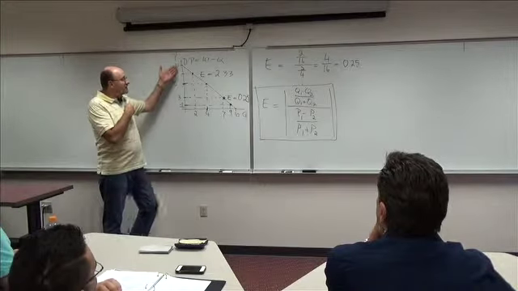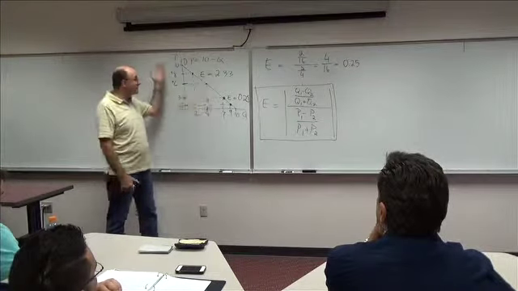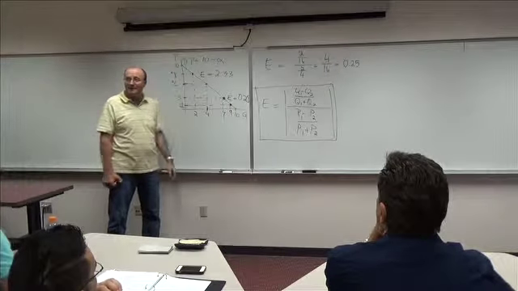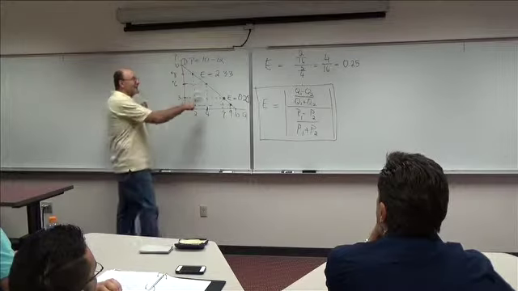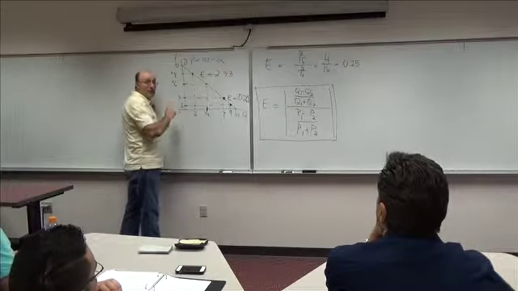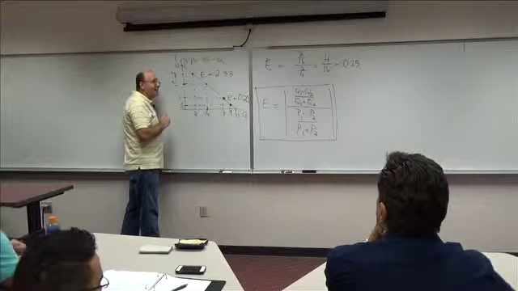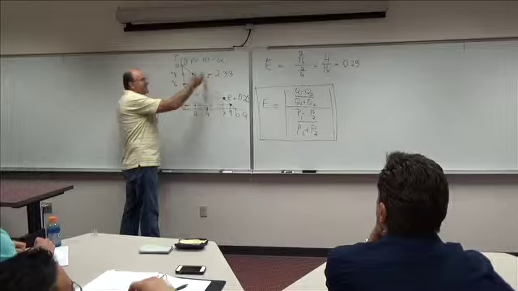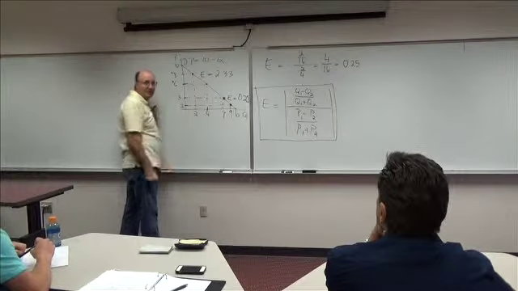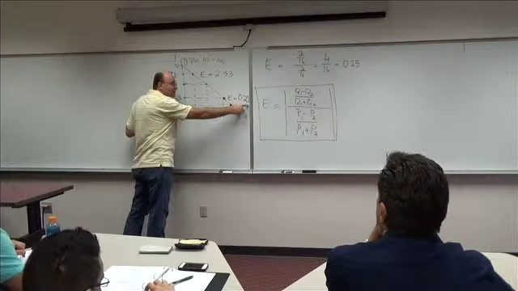Does the slope of this demand curve change? No, it's constant everywhere. It's a falling 45-degree line, right? It has the same slope everywhere. Does it have the same elasticity everywhere? No, absolutely not. In fact, in this upper portion, elasticity is as high as 2.33. In this lower portion, elasticity is just 0.25.